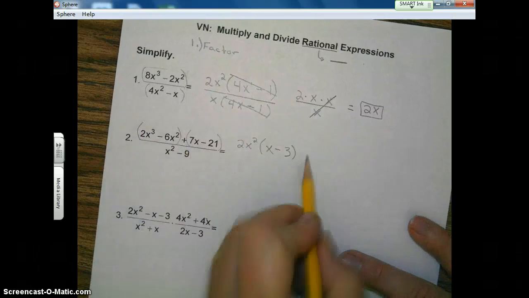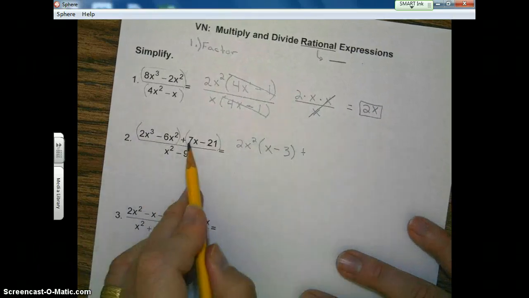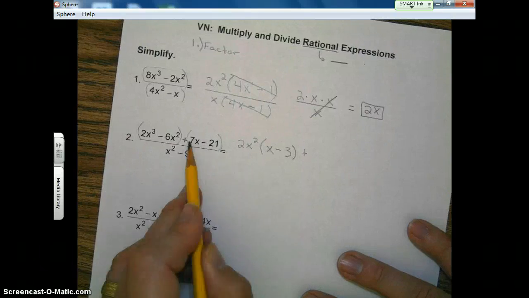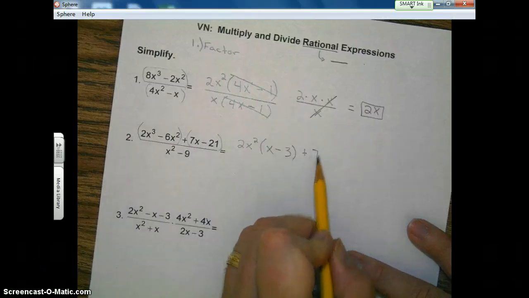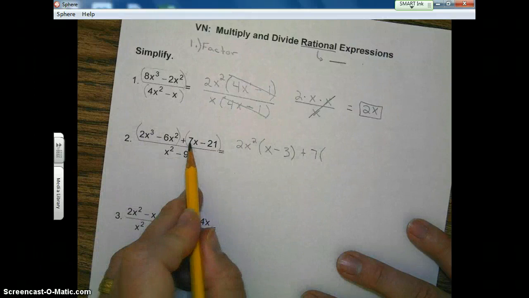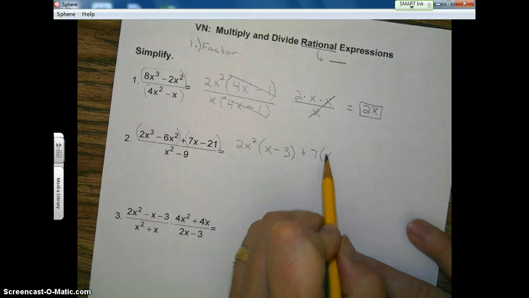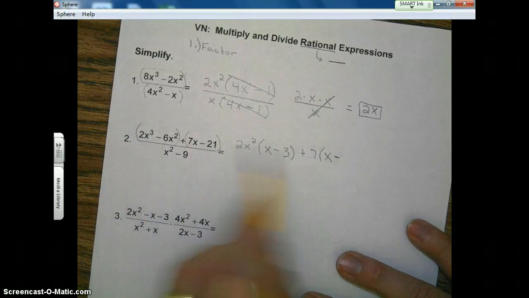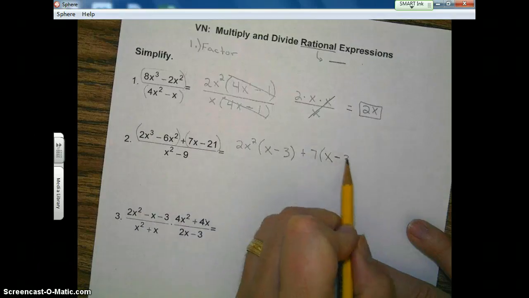Then we bring the plus over. And this time I'm going to factor out a 7 out of both terms. 7 divided by 7 is 1. So I'm left with 1x minus 21 divided by 7, which is 3.